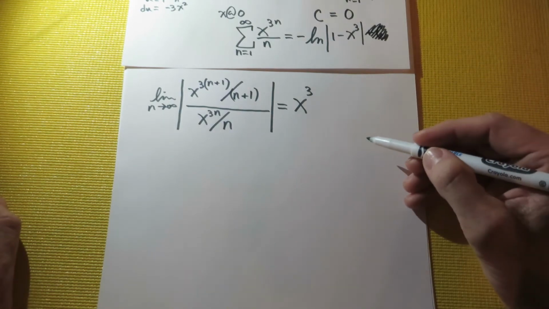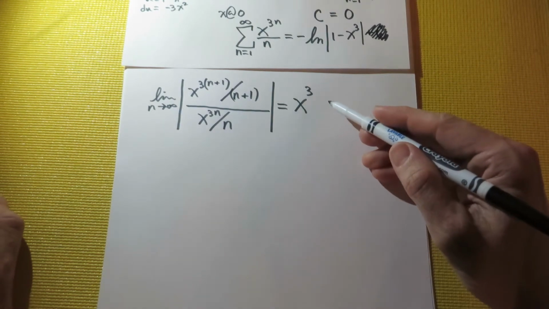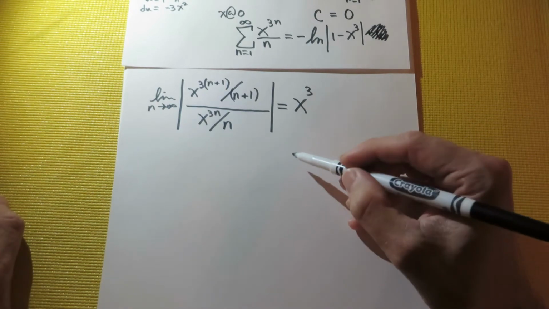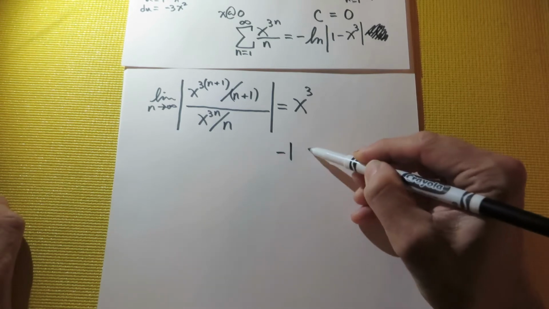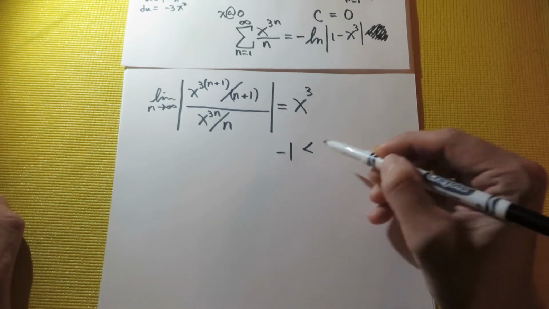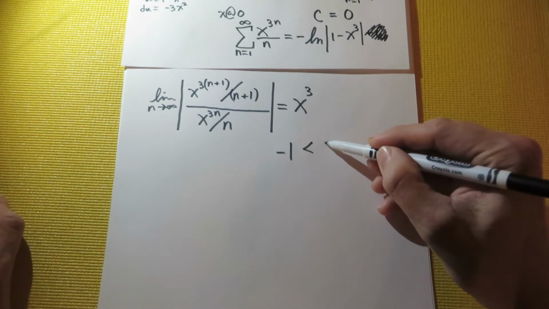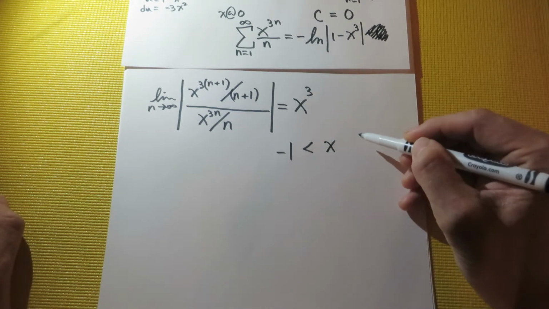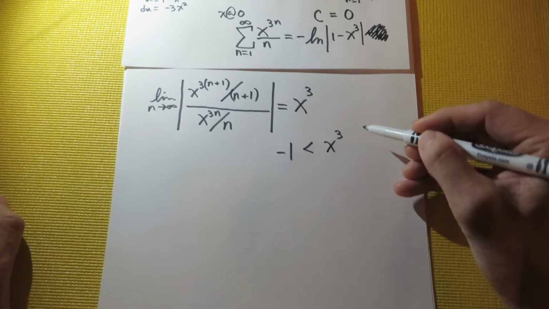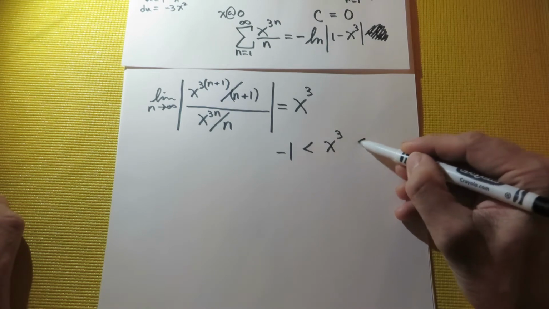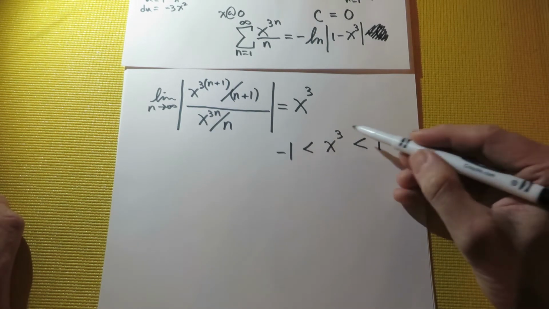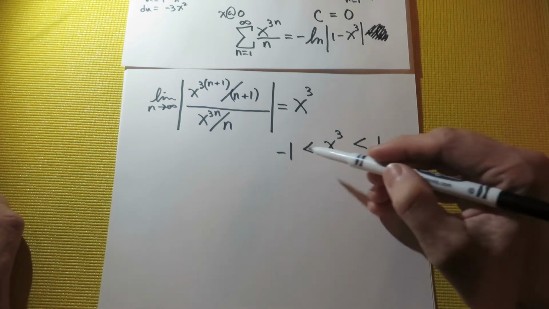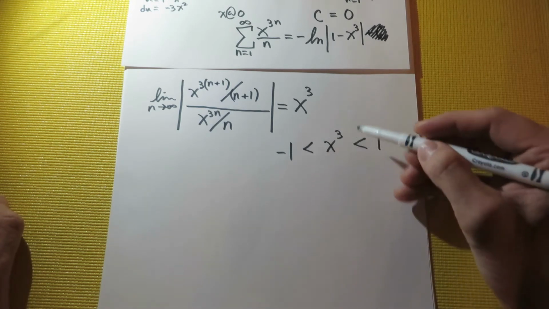So we know that x cubed has got to be greater than -1 and smaller than 1. Well, you know that 1 cubed is just 1, and -1 cubed is just -1.